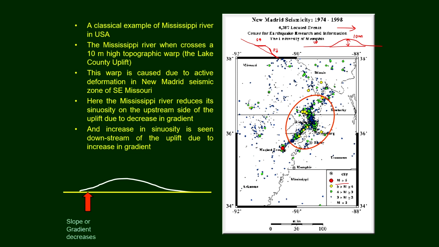Slope or gradient decreases because you have an uplift, so at that point you have a decrease in sinuosity, whereas the gradient increases because of the steepening, and as the gradient increases, the sinuosity also increases. So, reduced gradient, less sinuosity; increased gradient, higher sinuosity.